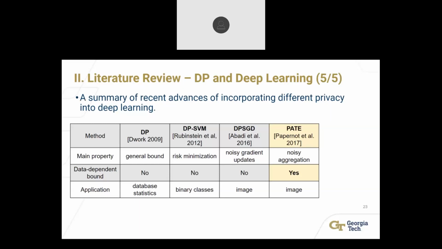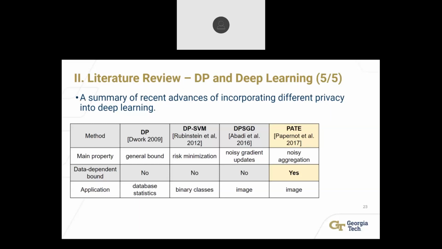The application is mainly on database statistics. Furthermore, people try to combine this database analysis with prediction models, like DPSGD. The main property is that they connect the differential privacy mechanism with the risk minimization process, like people do with margin estimation in SVM. But the applications are mainly binary class prediction.